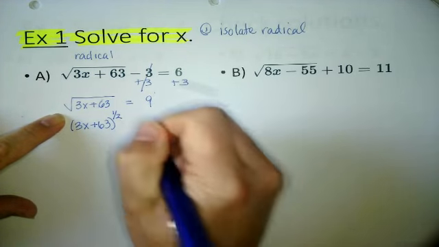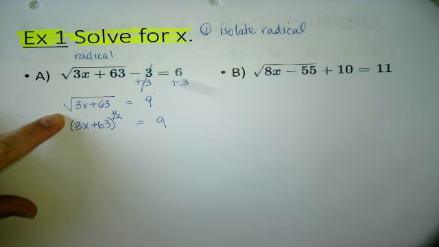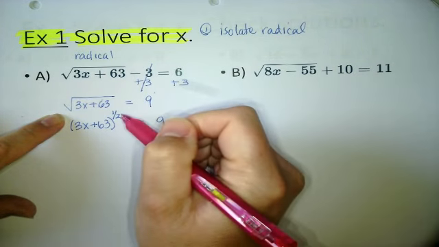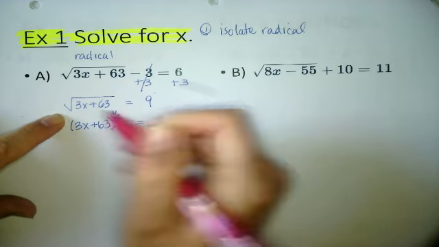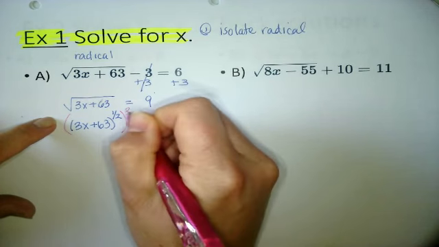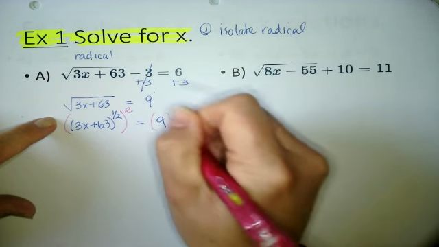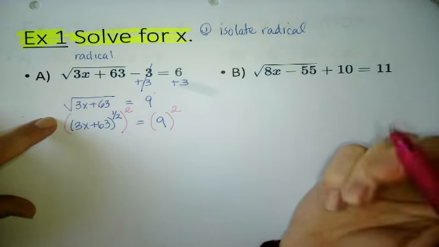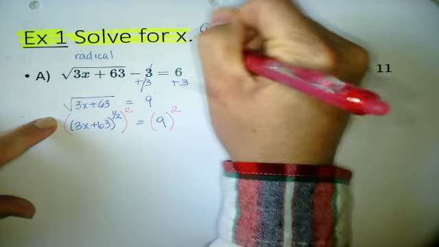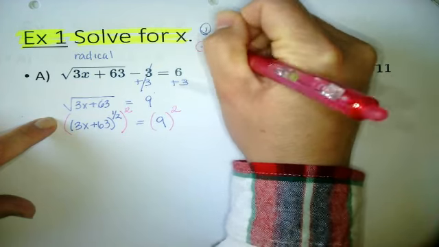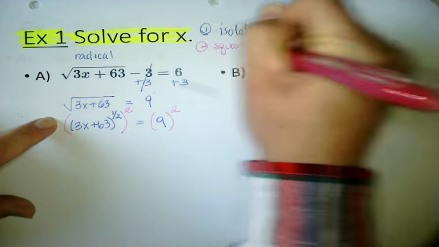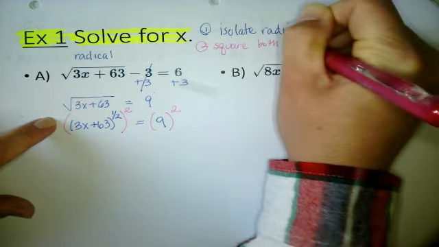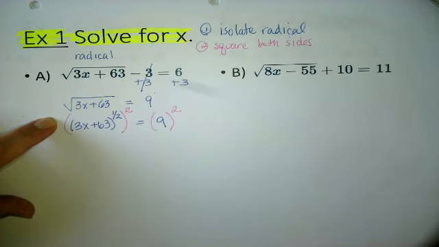Well, that's kind of interesting because what I can do to cancel out that 1/2 is I can raise it to a power of 2. And so I'm allowed to square both sides of an equation. Square both sides. All right.